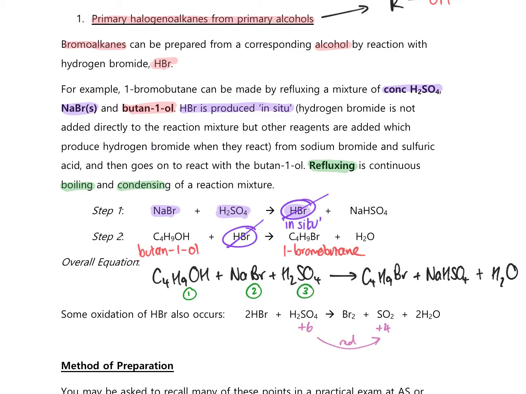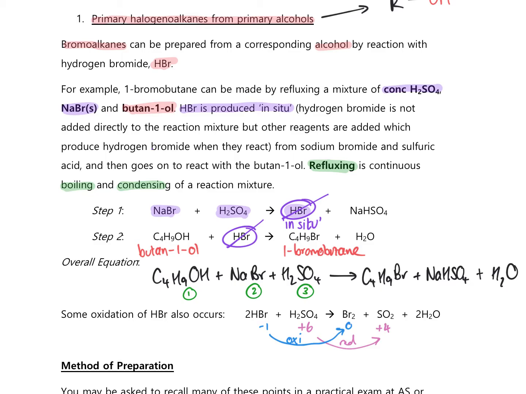And as a result, what happens to our bromine's oxidation state? Well, on the left-hand side, it's -1. On the right-hand side, it's 0, just because it's bromine as an element. So that is increasing in oxidation state. So that is actually oxidation. So some oxidation of hydrogen bromide also occurs.